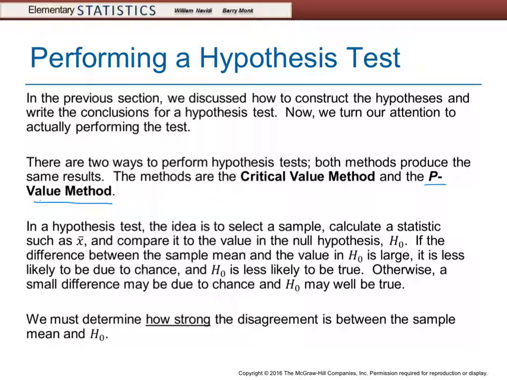Otherwise, a small difference may be due to chance, and H naught may well be true. We must determine how strong the disagreement is between the sample mean and H naught.